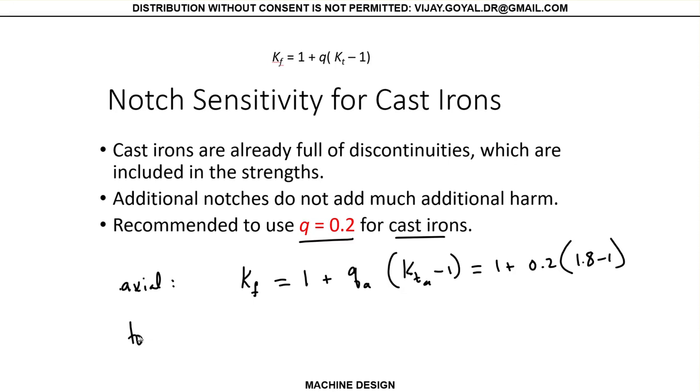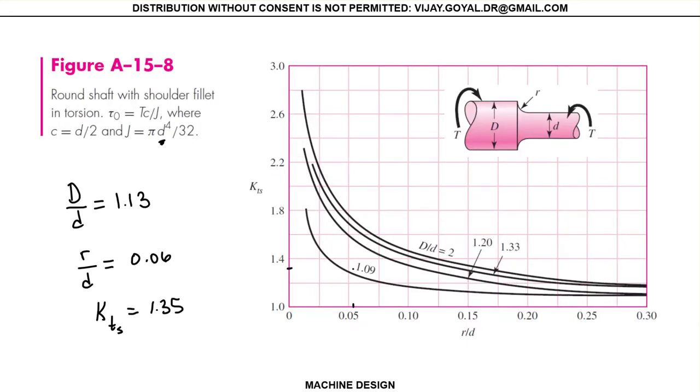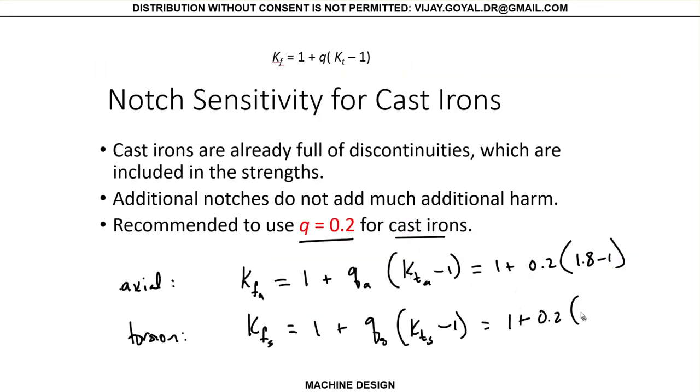And then for torsion, I have KFS. This is 1 plus QS times KTS minus 1. 1 plus 0.2, and we use the value of 1.35, so 1.35 minus 1.